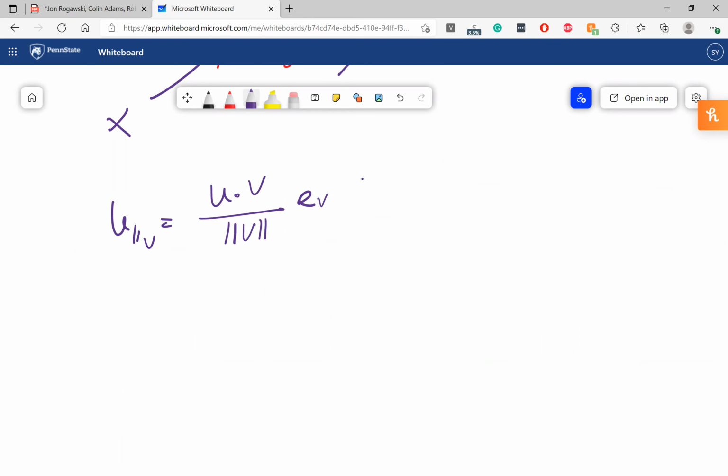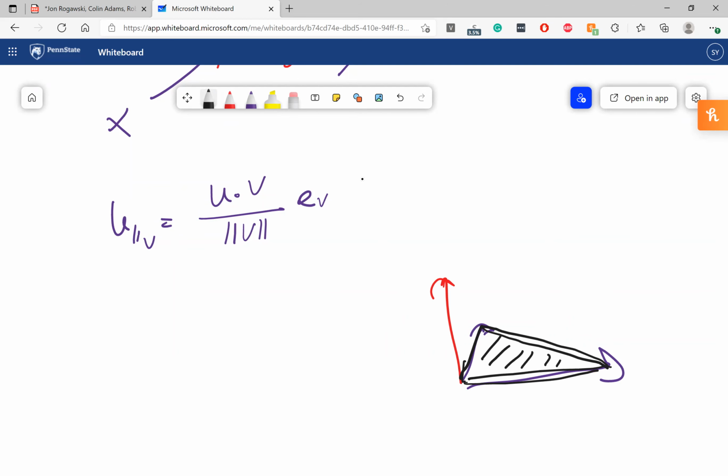The two important things for cross products are to find vectors that are orthogonal to two other vectors. Very important. So if you have two vectors and you want to find the vector orthogonal to them, immediately you should think about the cross product. That's number one. Number two, to find either the area of a triangle formed by two vectors, so this area over here, or the area of the parallelogram formed by two vectors.